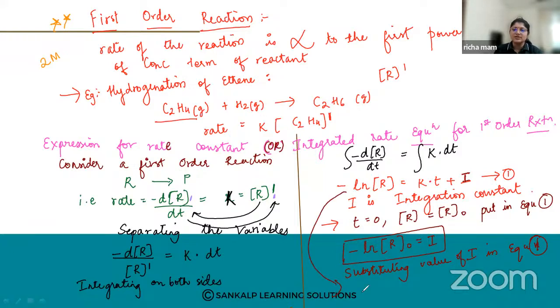Minus ln of r is equal to kt plus, sorry, plus of minus will be minus, so it is minus ln of r naught. Okay, got it up to here? Yes. Let me clear above.